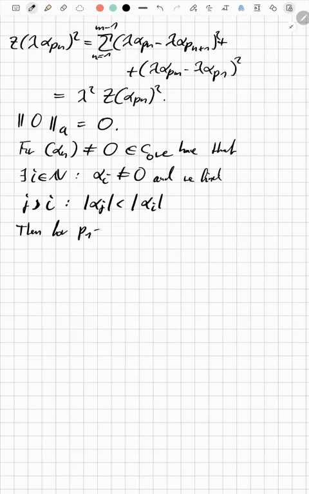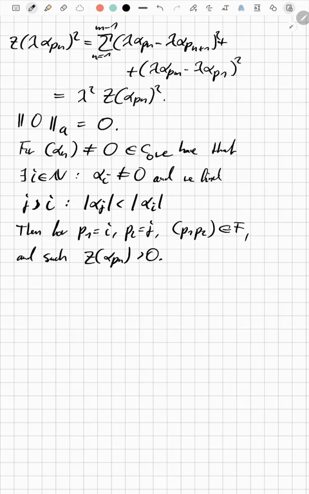Then for P1 equal to I and P2 equal to j, we have that P1, P2 is an element of F, and as such, we have that z of alpha Pn is greater than 0, and so the norm is greater than 0. And so the norm is actually a norm, because it's absolutely homogeneous, positive definite, and subadditive. So we have that this is a norm.